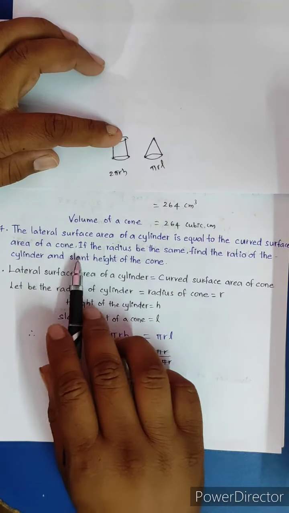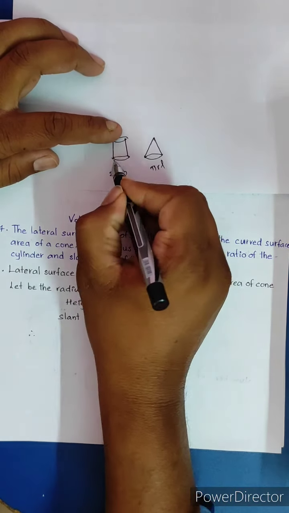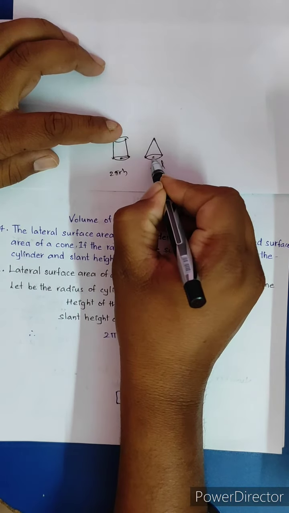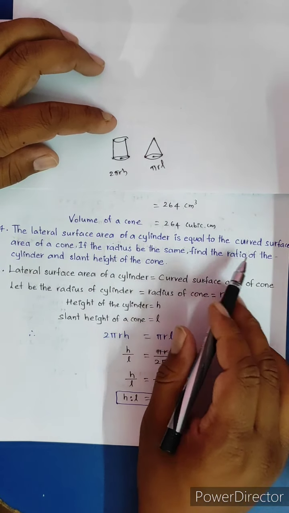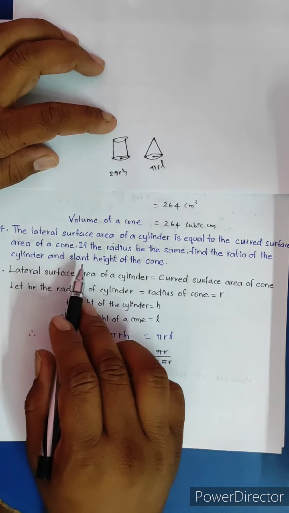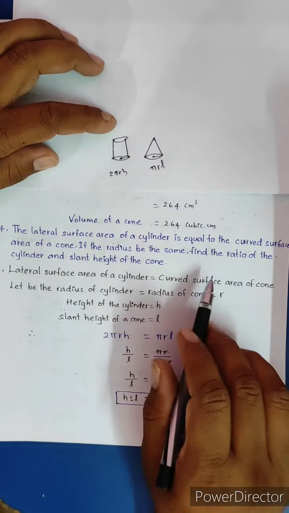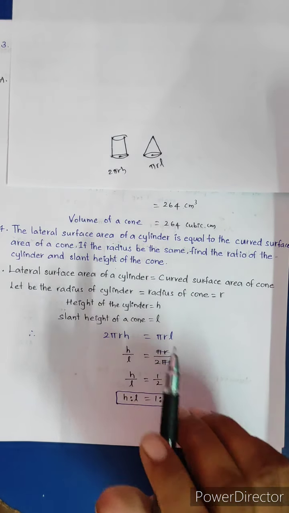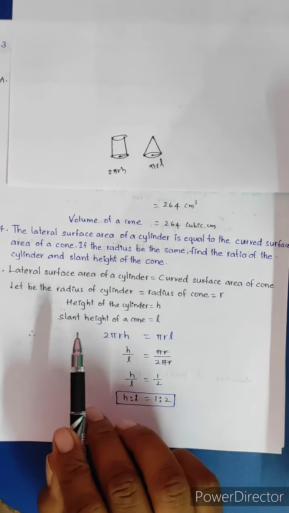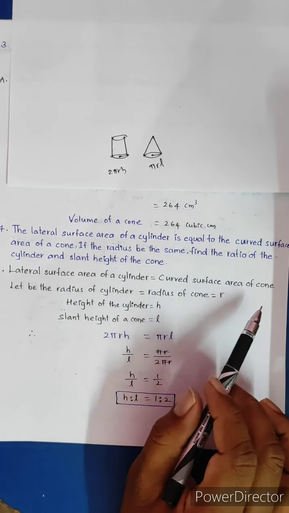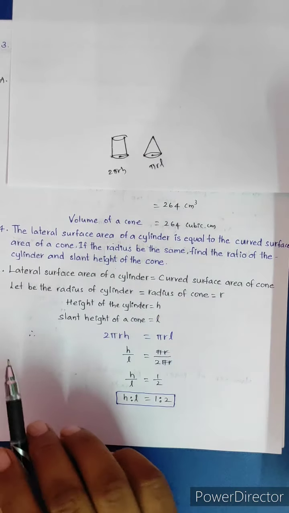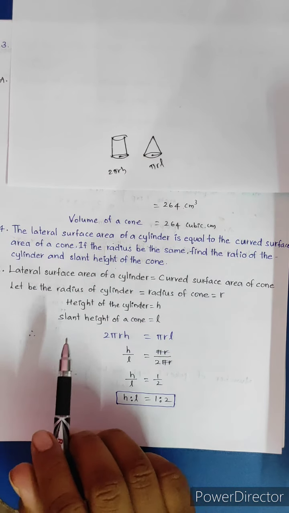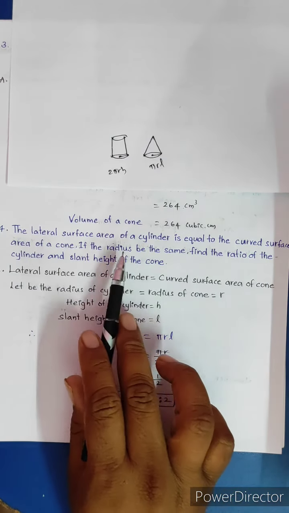Both are the same, and the radius of the cylinder and the radius of the cone are also the same. Now the lateral surface area of the cylinder and the curved surface area of the cone are both the same. What is asked here?